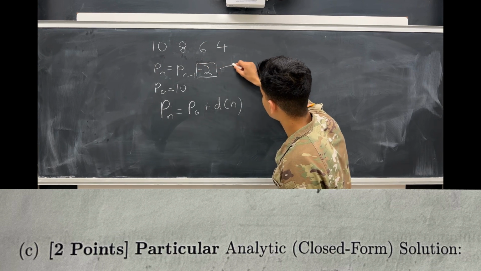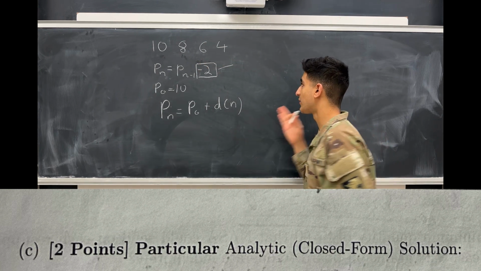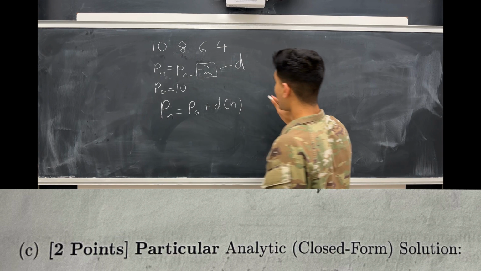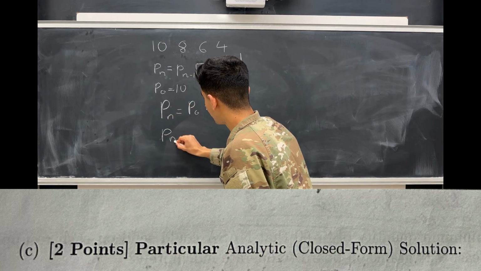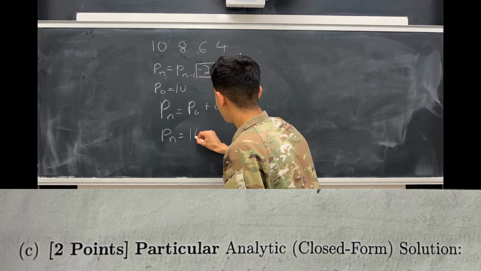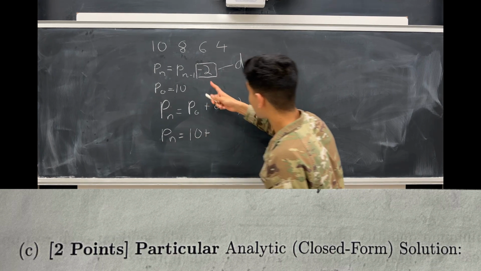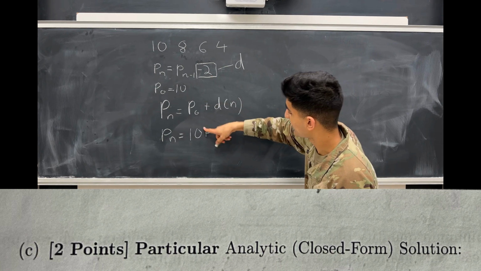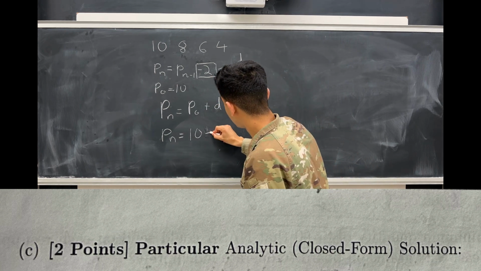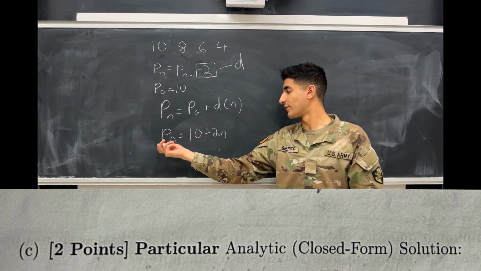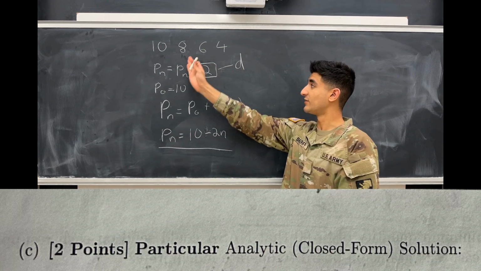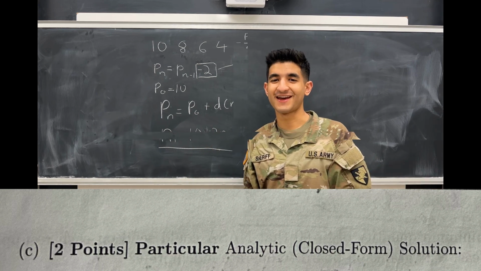If you want to scroll back to Zuhat's portion where he explains the equation, or look at your note sheet, you have your D value. And then we have P sub 0 here. So we can write it as P sub n equals 10 plus, or in our case, minus, because our D value is negative, 2 times n. And there we go. We have another form of our equation that describes this sequence up here. Let's move on to the next problem.